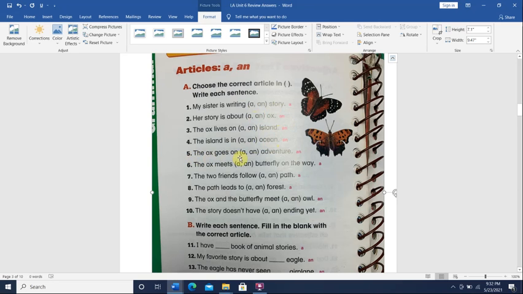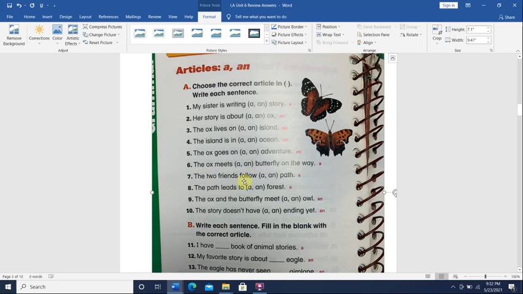Okay, let's go to number 5. The ox goes on adventure. Does adventure begin with a vowel or consonant? Vowel. A is a vowel, so an adventure. The ox goes on an adventure. The ox meets a butterfly. Butterfly begins with B. Is that a consonant? Yes. So the ox meets a butterfly on the way.